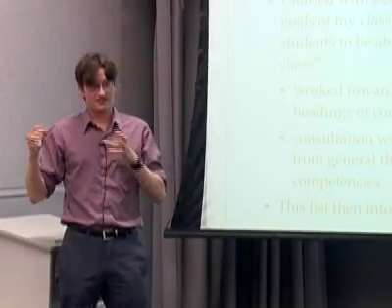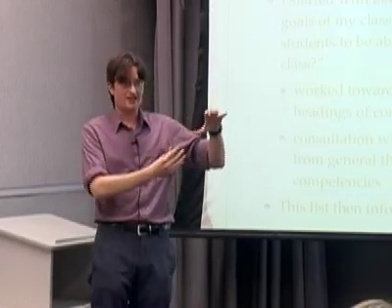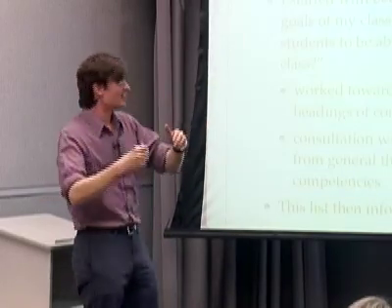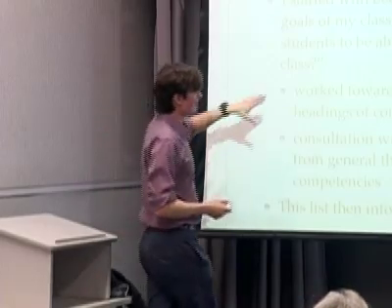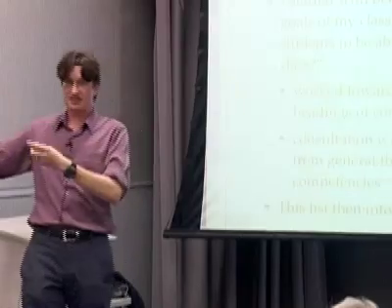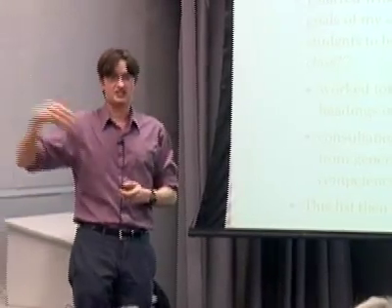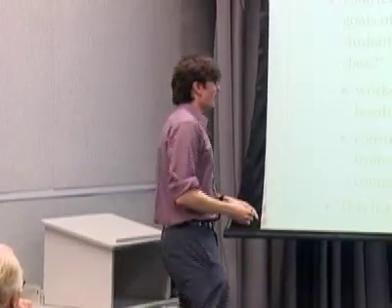I, as a new professor with very little experience teaching, was able to go through a process of trying to identify these competencies, with them guiding me, and then work towards answering this question, which is, what do I want my students to be able to do after they finish this class? So rather than just what should they know, what are the things that they as humans should be able to do?